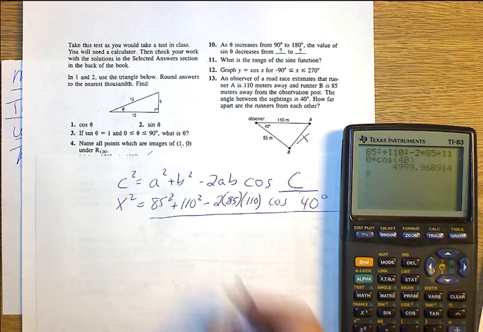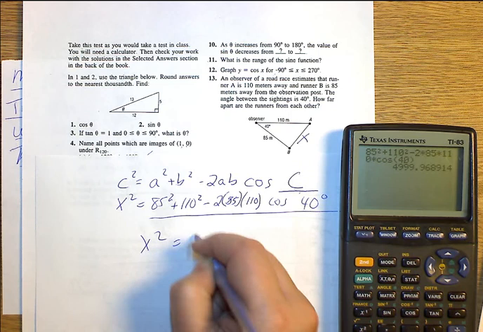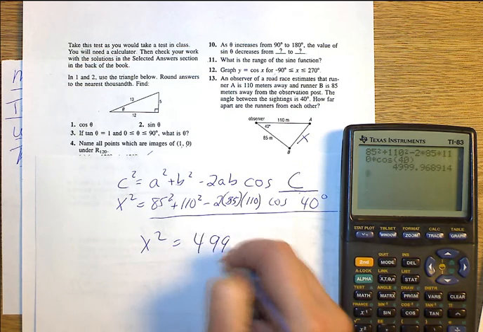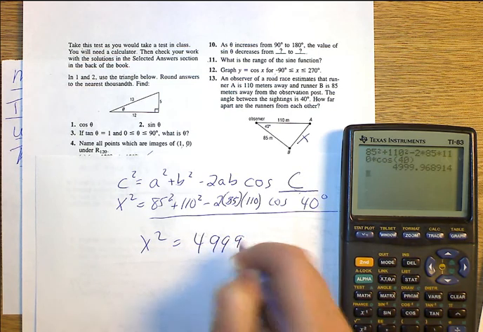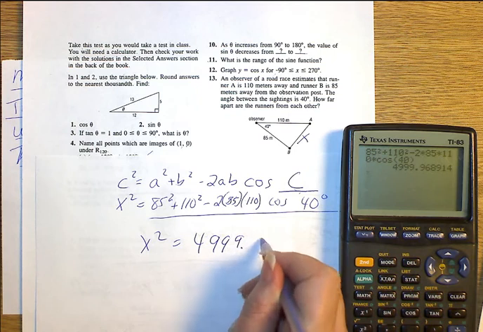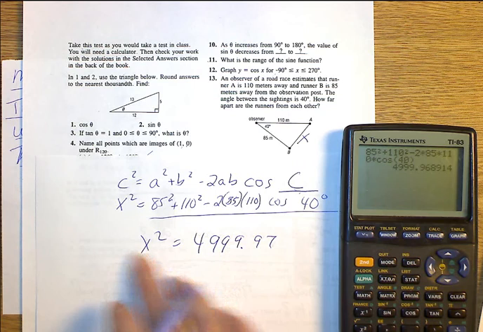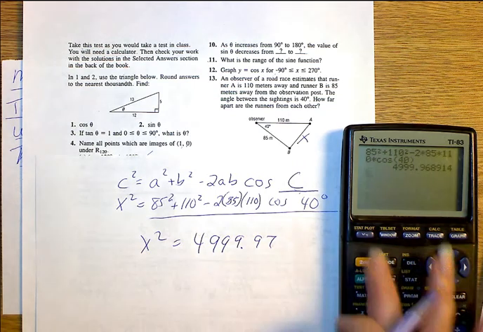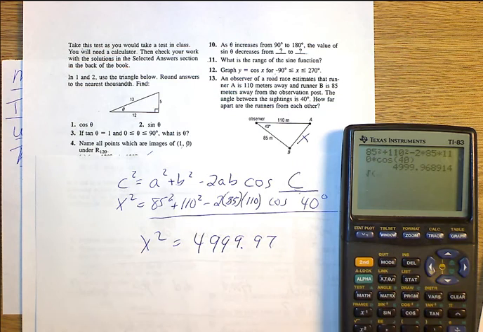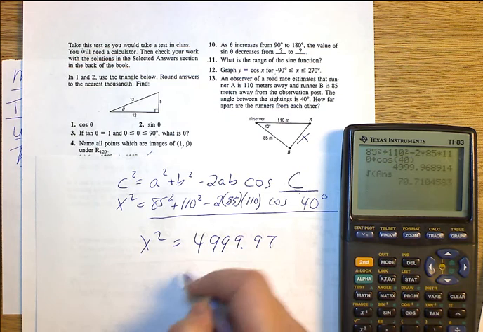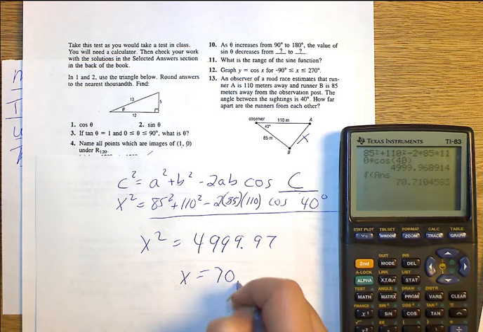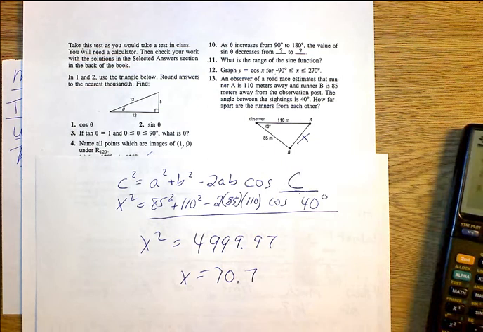Gives me x squared is equal to 4999.9. I should have just rounded it, but it's alright. Then, how do I solve for x? Square root it. So I'm going to square root the answer. And x is 70.7. Yep, and that would be m.